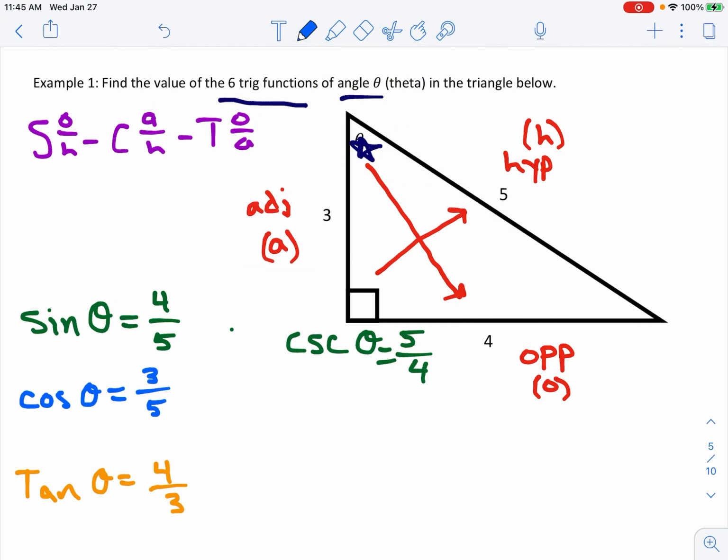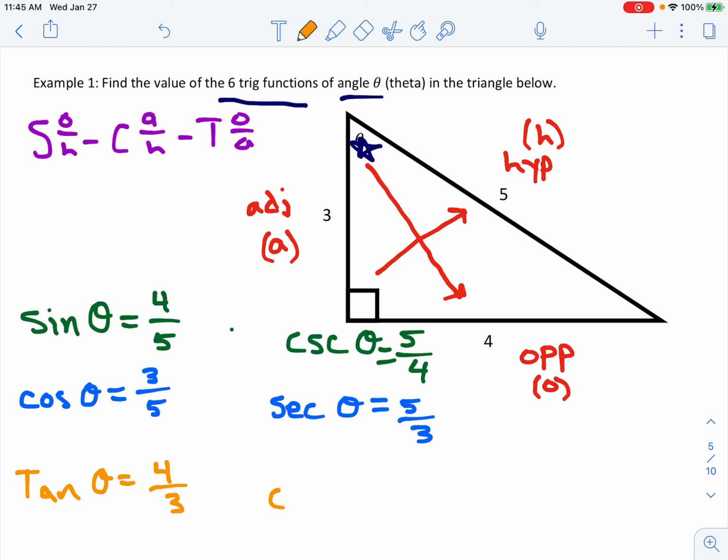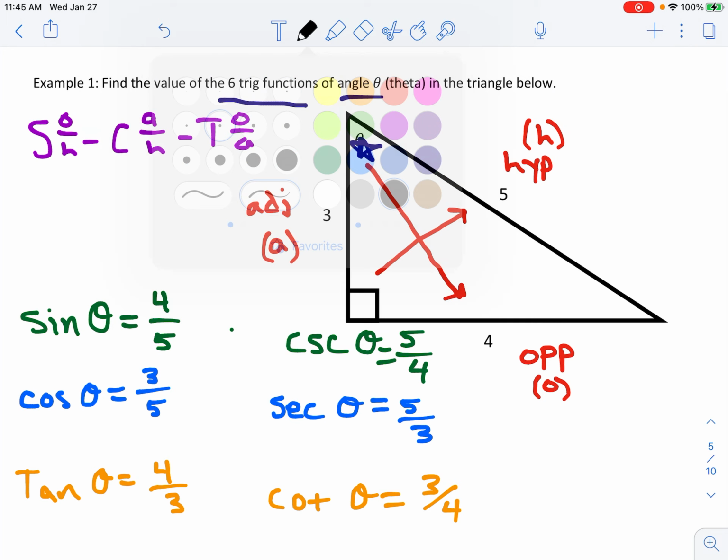All right, well, if cosine is 3 over 5, then secant, which is the reciprocal of cosine, would be flip your fraction, 5 over 3. If tangent of theta was 4 over 3, then cotangent would be the reciprocal, flip it, 3 over 4.